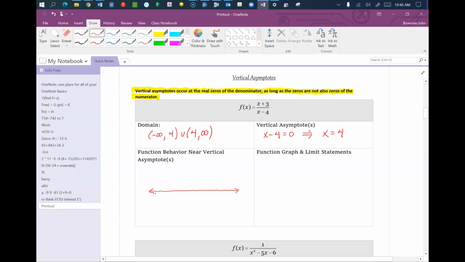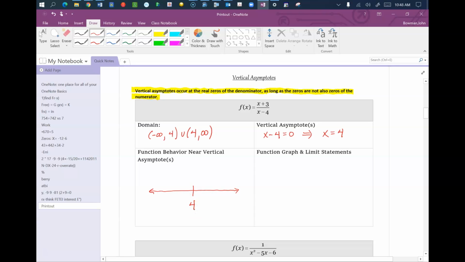If the sign of f of x is positive for values close to x equal 4, then we have a graph that is approaching positive infinity. If the sign of f of x is negative, then we have a graph that is approaching negative infinity. And we need to check both sides.